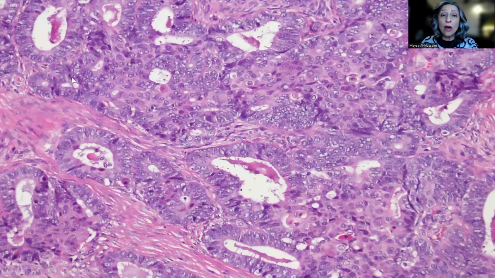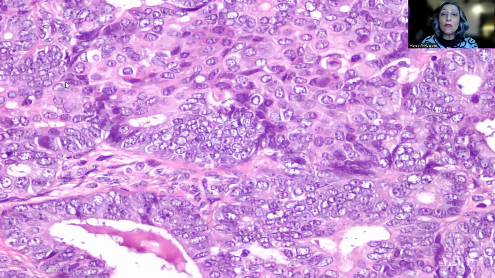And again, here on higher power magnification, showing the well-formed glands here and the squamoid areas. And again, here on even higher power magnification, just to appreciate that it has almost the same morphological appearance as the tumor that was present in the endometrium and the cervix.